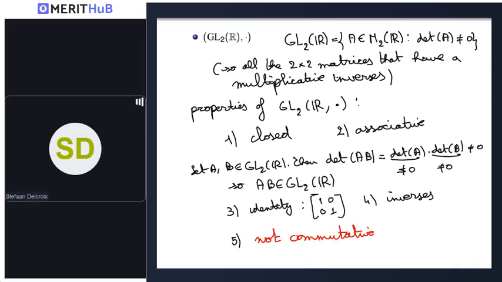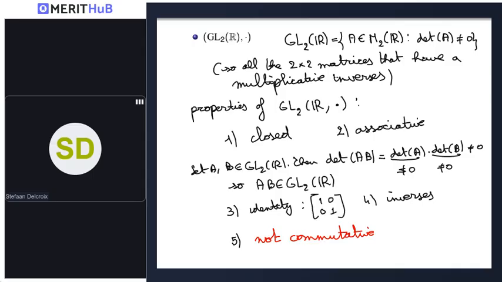And we've seen that our numbers under addition have all those properties. Under multiplication, the integers don't have inverses. The matrices under addition have all properties. Under multiplication, it's not commutative, and not everything has an inverse, so you have to restrict yourself.